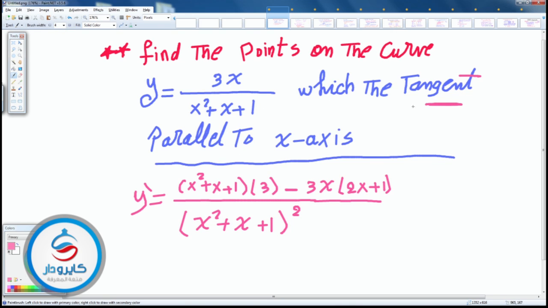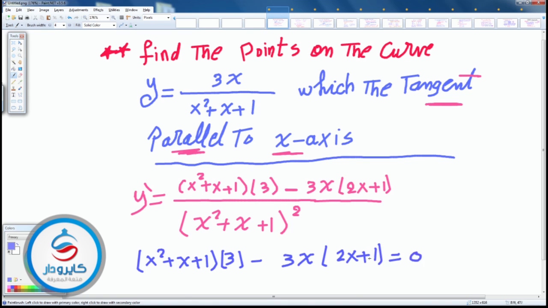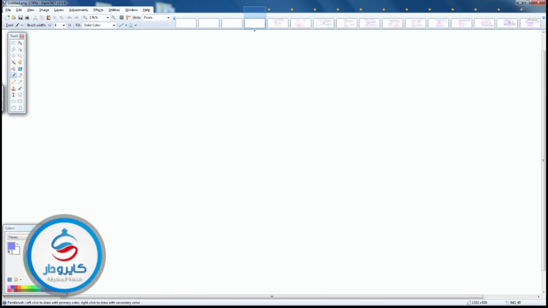He said that the tangent is parallel to the x-axis, that means only the numerator, x squared plus x plus 1 multiplied by 3 minus 3x times 2x plus 1, will be equal to 0. So we have to solve this equation.